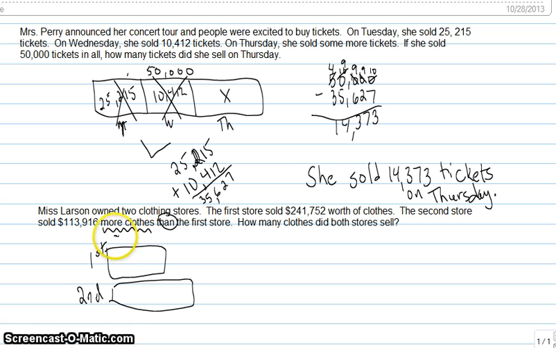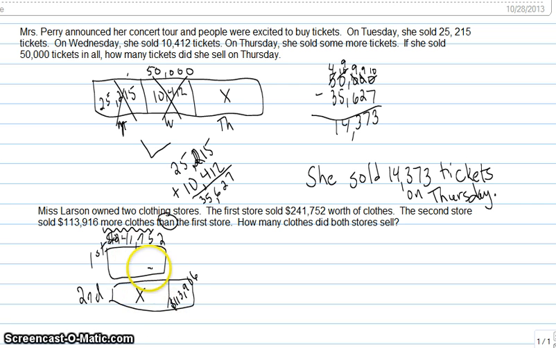So the first store had $241,752 worth of clothes. And the second store had more than that by $113,916. So I have to figure out how much this second store had.